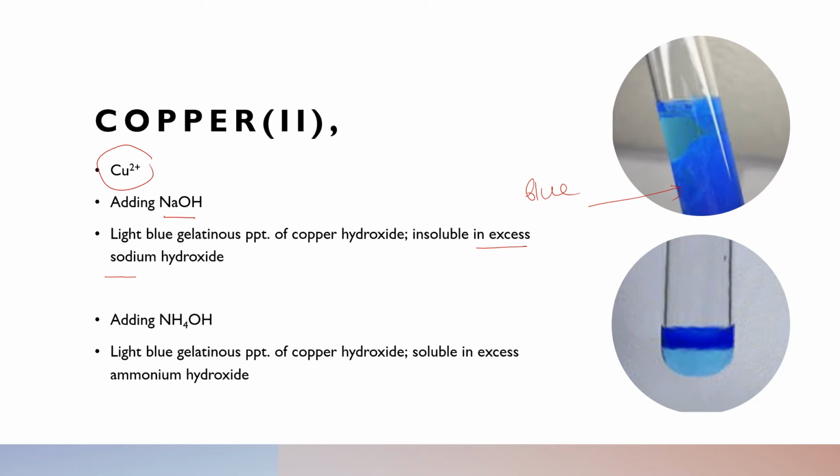When adding ammonium hydroxide, the precipitate is the same because what we add is OH-. But in excess ammonium hydroxide, if we add more, the precipitate will dissolve in a deep blue color to form a solution.